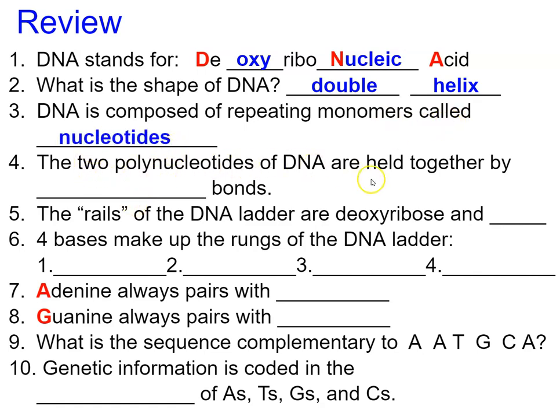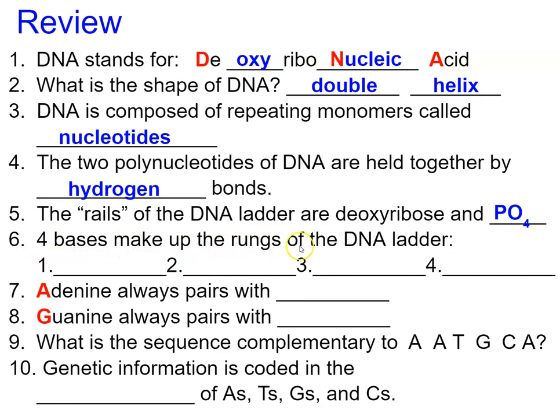The 2 polynucleotides of DNA are held together by hydrogen bonds, and again, that's significant because they're weak, and that allows the polynucleotides to unzip, which is crucial for their function. The rails of the DNA ladder are deoxyribose and phosphate, and I used the molecular formula because I couldn't fit it on the slide. Phosphate is PO4. It's a small molecule of phosphorus and 4 oxygens.